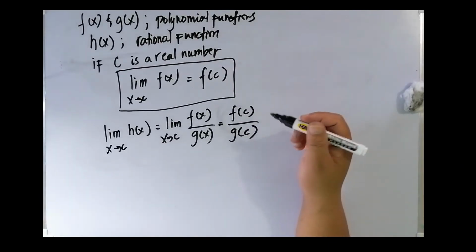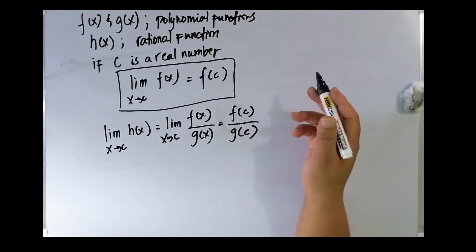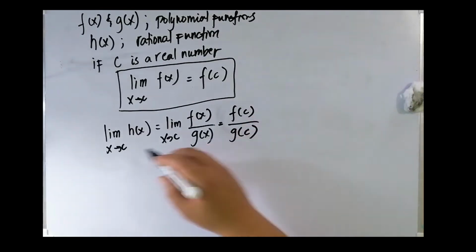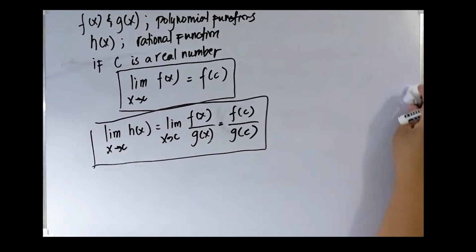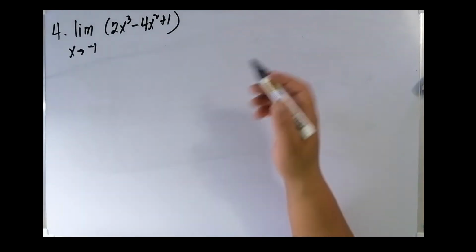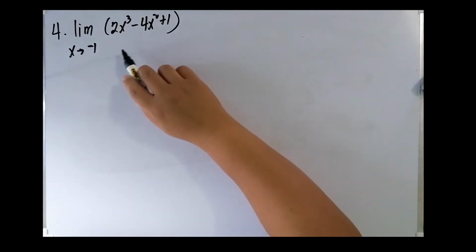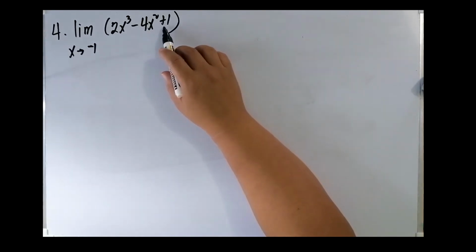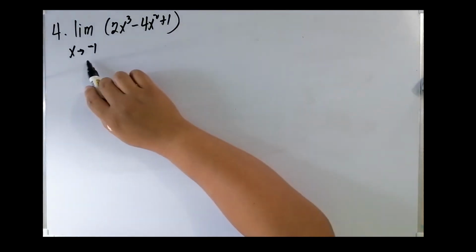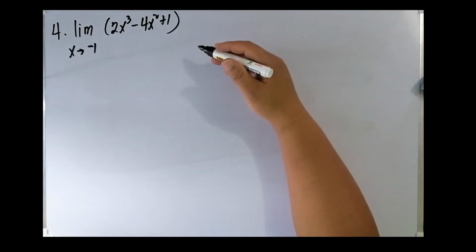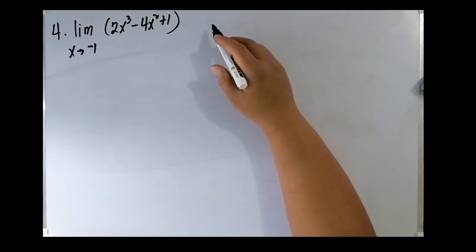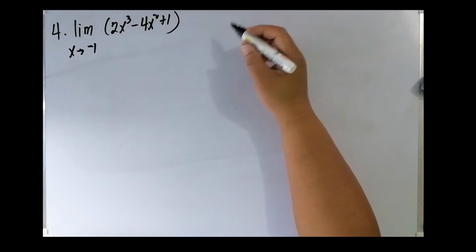So sa mga susunod na isosolve nating problem, i-apply natin yung dalawang theorems na ito. So for this fourth example, we have the limit of 2x cubed minus 4x squared plus 1 as x approaches negative 1. So i-apply natin yung dalawang theorems na napag-aralan natin a while ago.